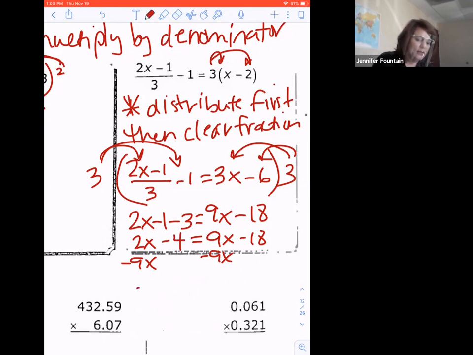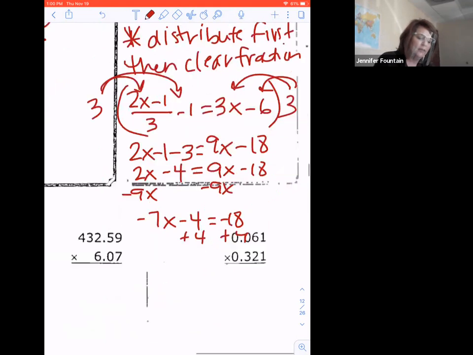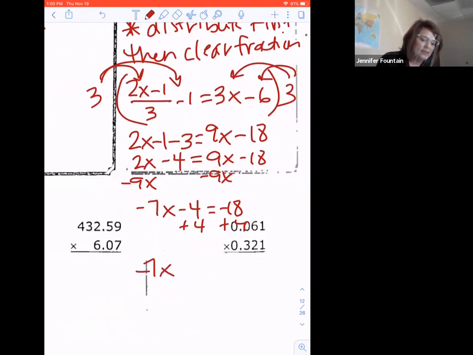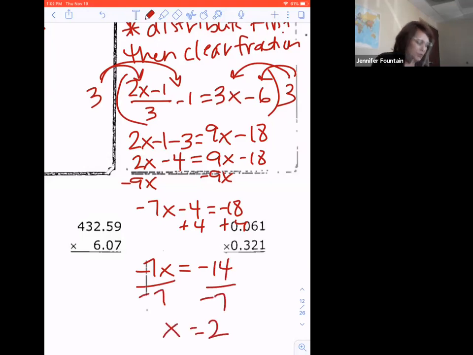Okay, so we said I'd have negative 7x minus 4 equals negative 18. Add 4, add 4. So negative 7x is equal to, again, find the difference, positive and negative, take the sign of the larger. So now I have negative 14 divided by negative 7, divided by negative 7. So x is equal to 2.